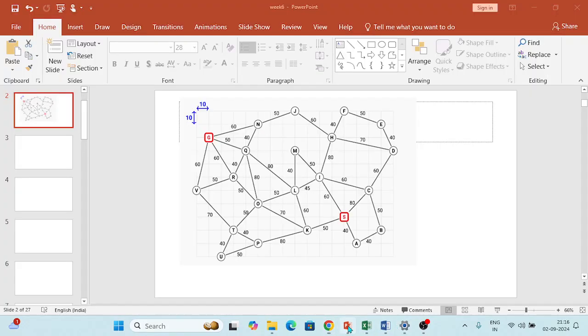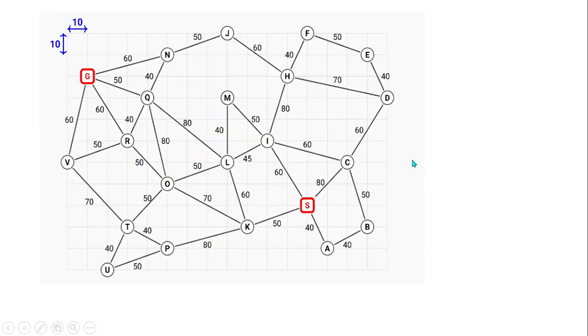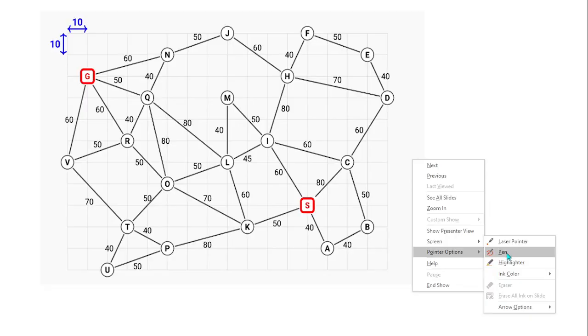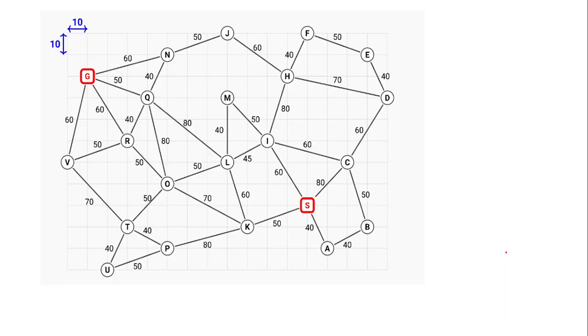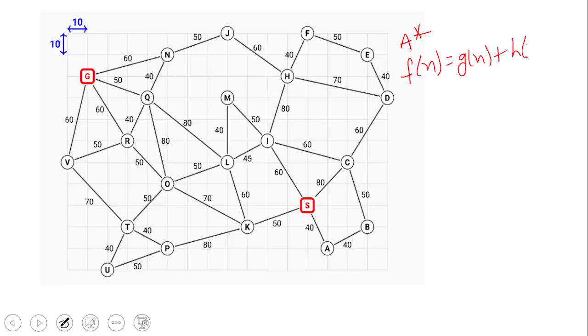Okay, so while coming to the WA star algorithm, whatever we saw in the A star algorithm, the same thing we have to follow. For A star, f of n is equal to g of n plus h of n, where g of n is the distance from the starting node to the node n, and h of n is the distance from the node n to the goal node.